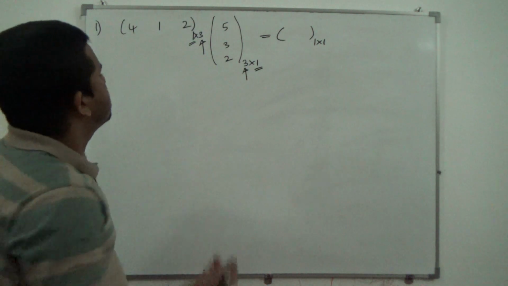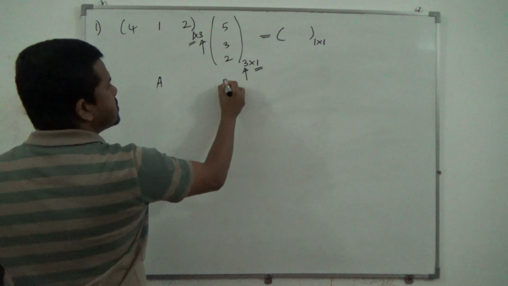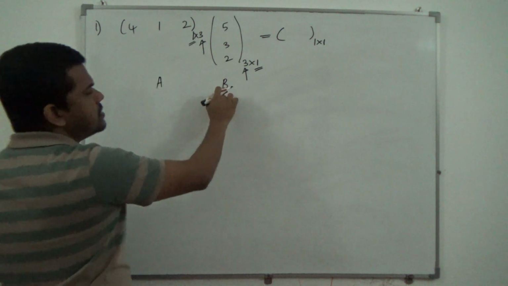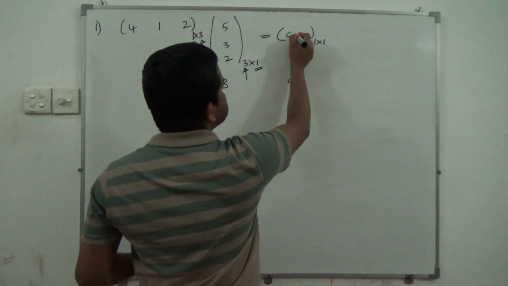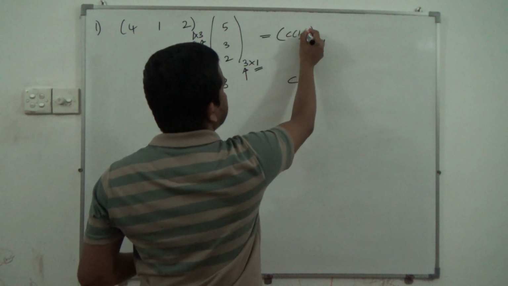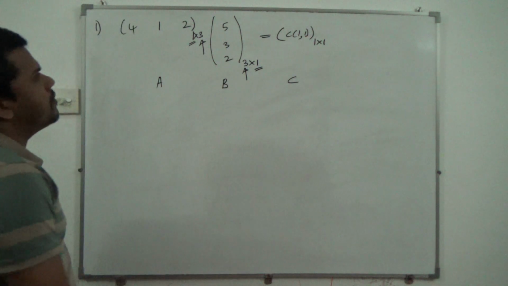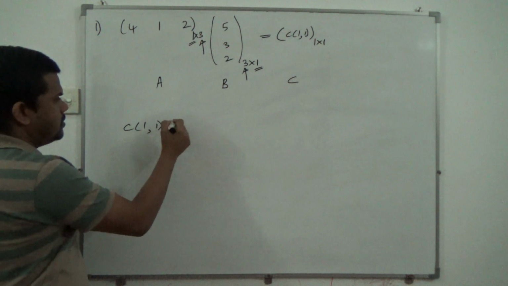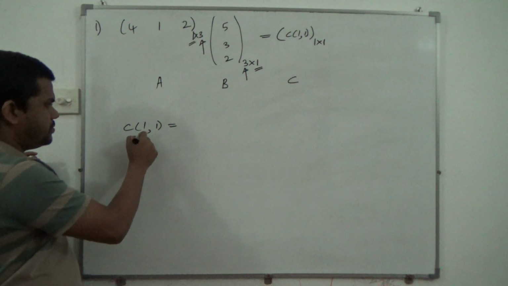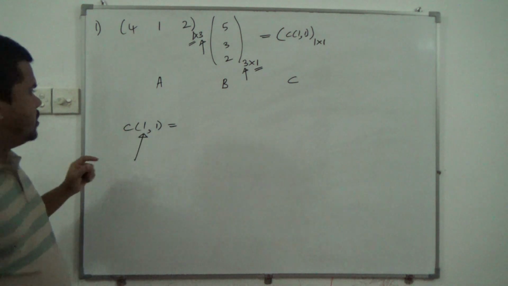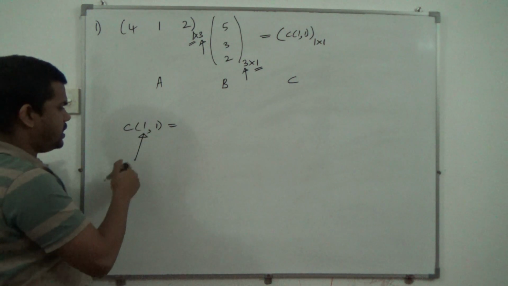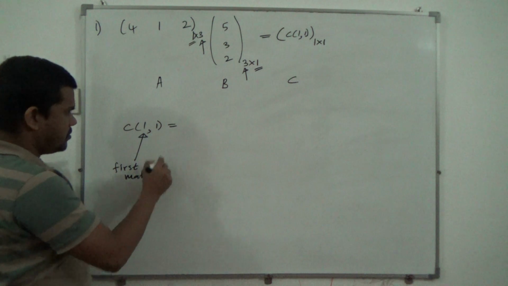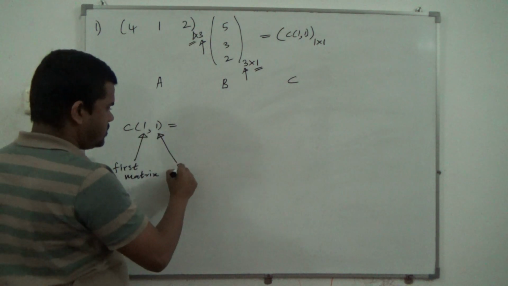So, as we have discussed earlier, this is A, this is B, and this is C. Then this one is C1,1. In order to find C1,1, the first number 1 means we have to consider row number 1 of the first matrix, and the second number 1 means column number 1 of the second matrix.